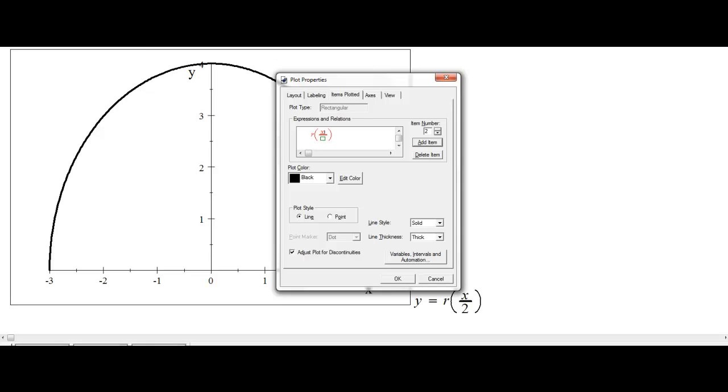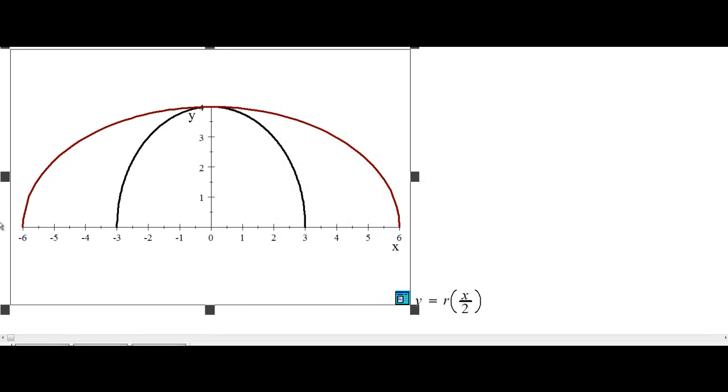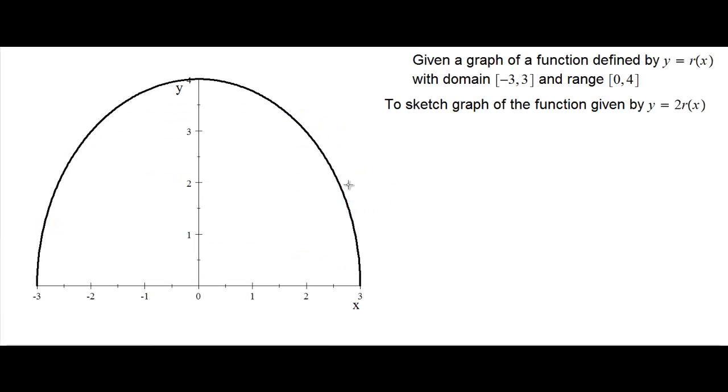As we expected, the domain of this function is the closed interval from negative 6 to 6, and since we did only horizontal stretching, the range remained the same, the closed interval from 0 to 4.